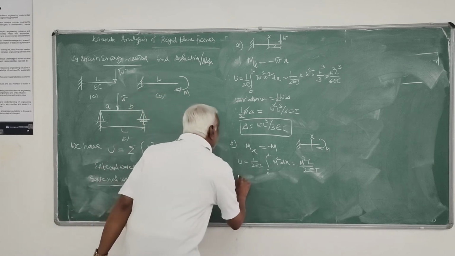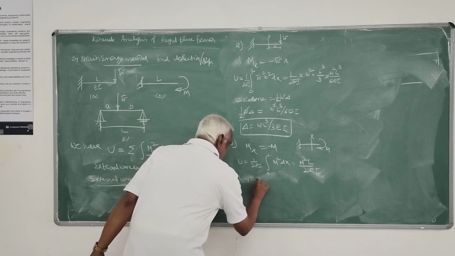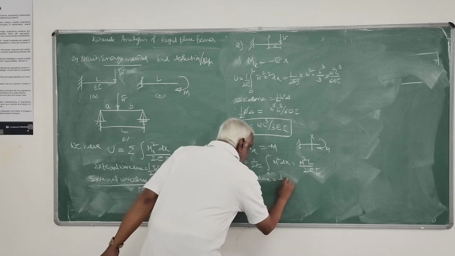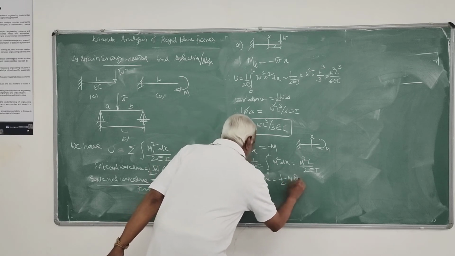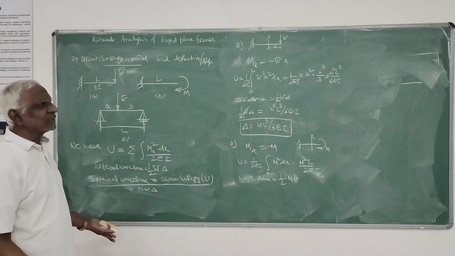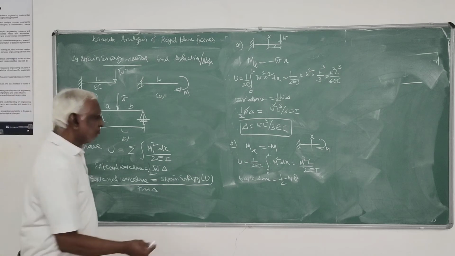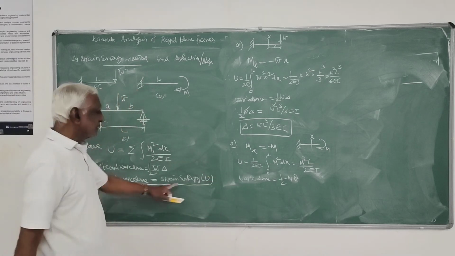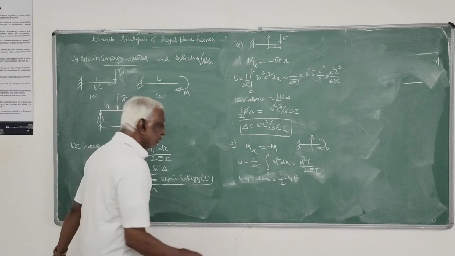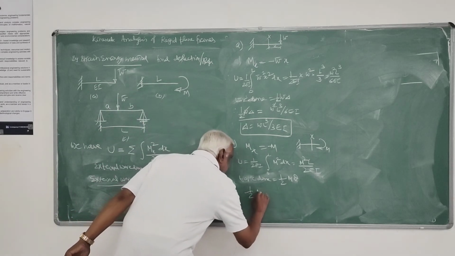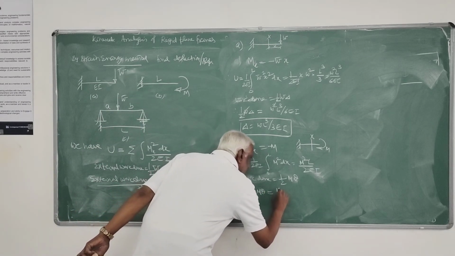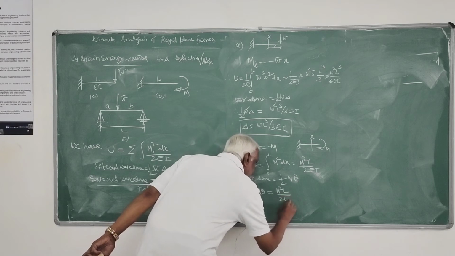And the external work done is half M theta, where the deformation is theta. Therefore, external work done equals strain energy. So half M theta is equal to M squared L by 2 EI.